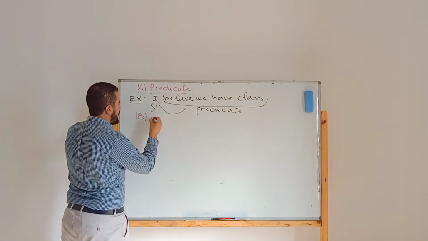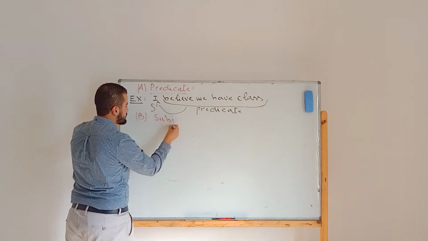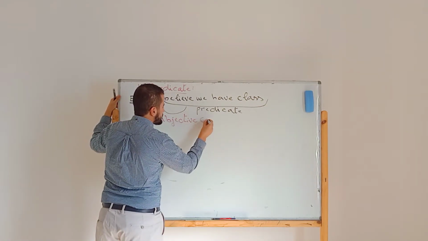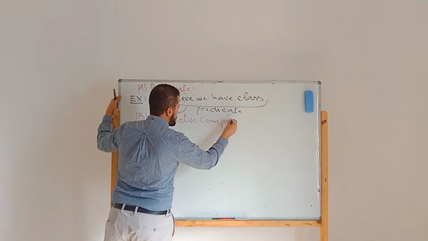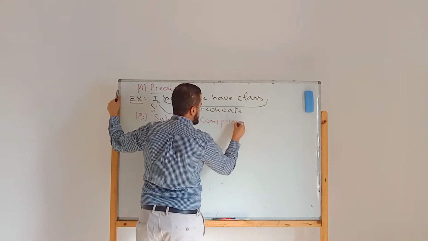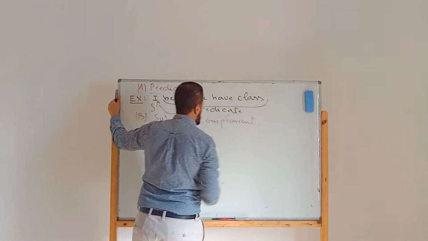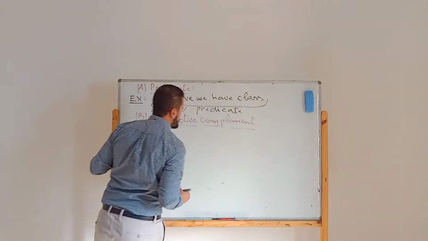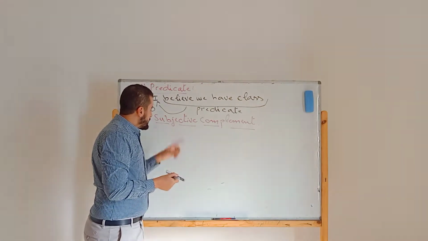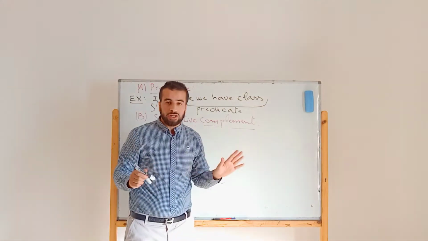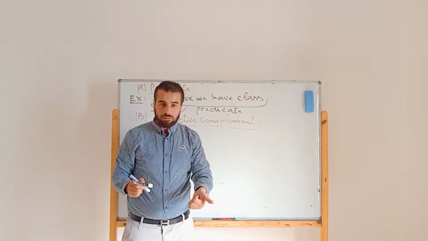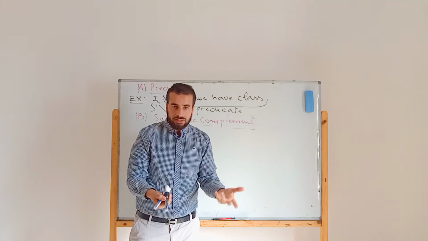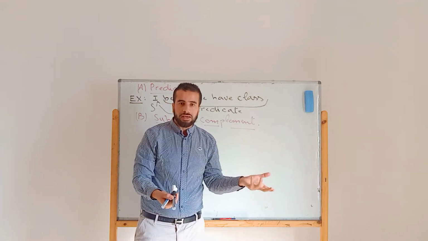Now we are talking about subjective complements. In the subjective complements, simply you are going to focus on the subject because subjective comes from subject. Complement, it completes the subject and gives us a correct meaning.